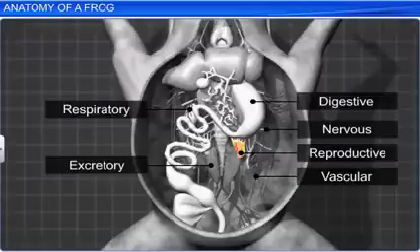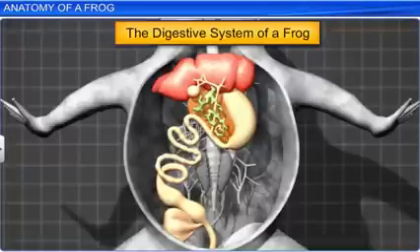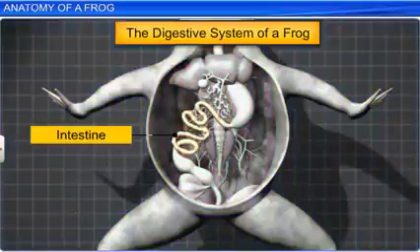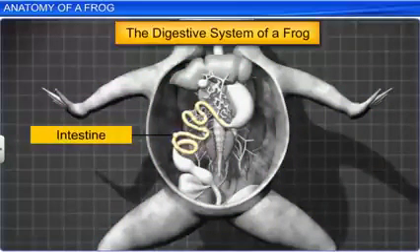Let's take a look at each system in detail. The digestive system consists of an alimentary canal and digestive glands. Frogs, being carnivores, have a reduced intestine length. This makes the alimentary canal short.